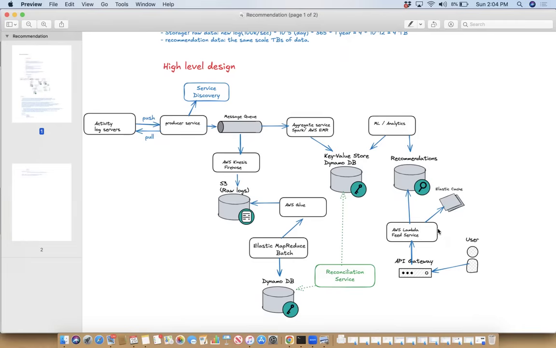Then if we want to keep it in sync with the stream processing, we will have a reconciliation service which at some intervals, maybe at the end of each day, will compare the results of the batch lane and the streaming lane for every single day, and correct the data.